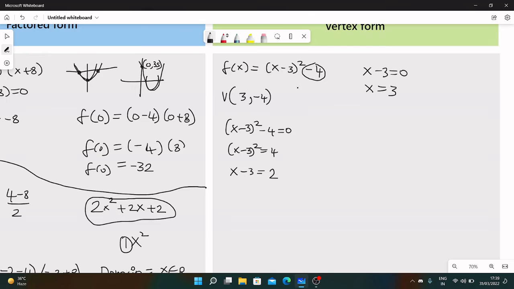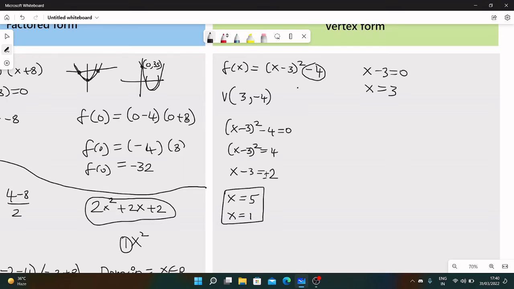So we'll have plus minus 2. So x equals 2 plus 3, 5. And then x equals minus 2 plus 3, that is 1 actually. So we have 5 and 1.